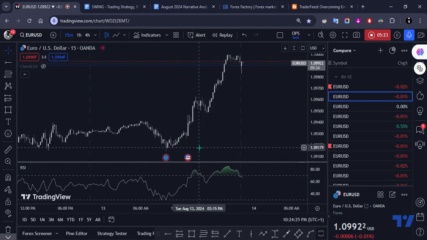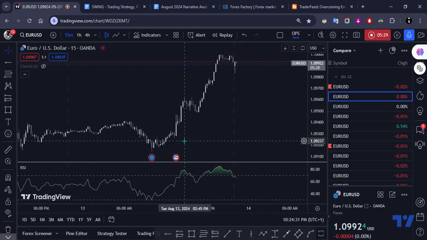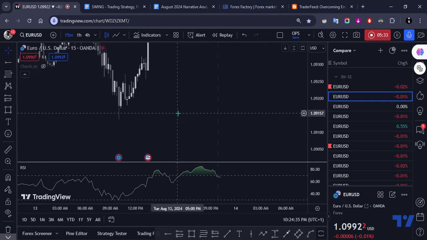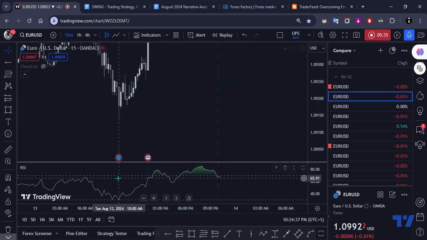That is not the double bottom for me. Maybe it is, I'm not sure.